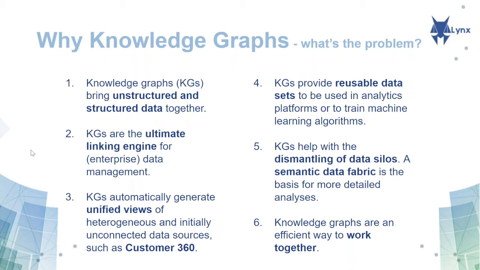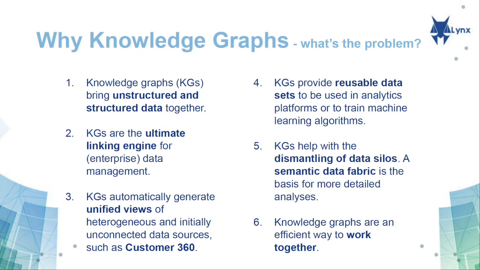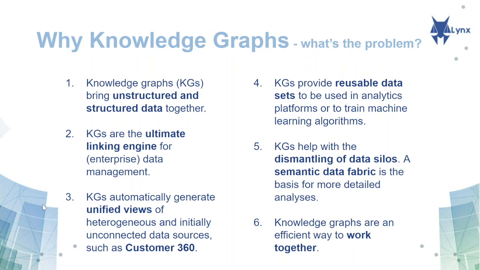The second one, knowledge graphs are the ultimate linking engine for data management. It means that we link together business objects that are the same thing, more or less, but across different data silos. Knowledge graphs automatically generate unified views of heterogeneous and initially unconnected data sources, such as, for organizations, customer 360 degree views.